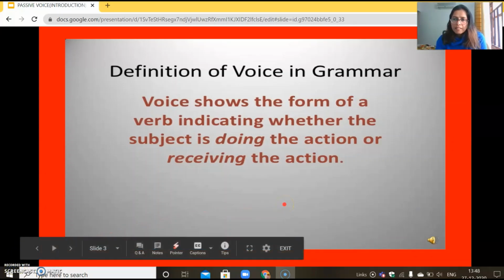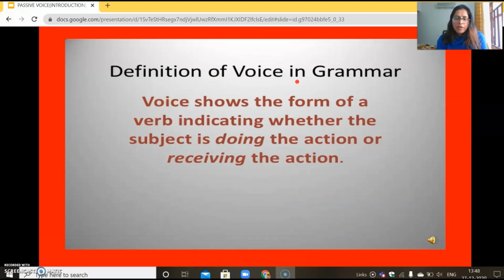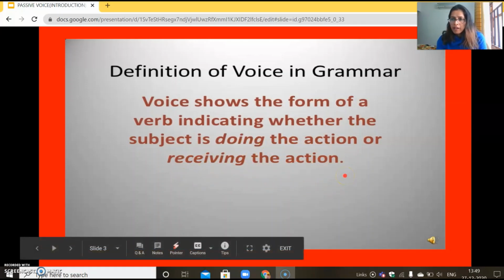Here comes my first slide, and in this slide, we are going to discuss the definition of voice. What is voice in English grammar? Voice shows the form of a verb indicating whether the subject is doing the action or receiving the action.